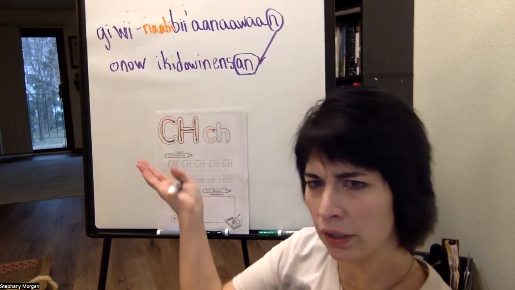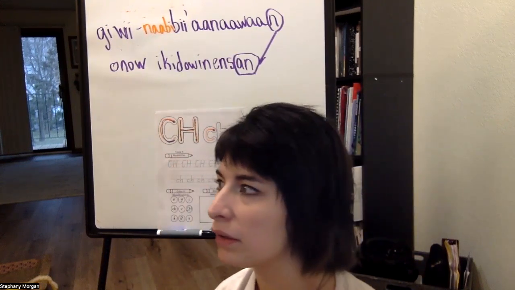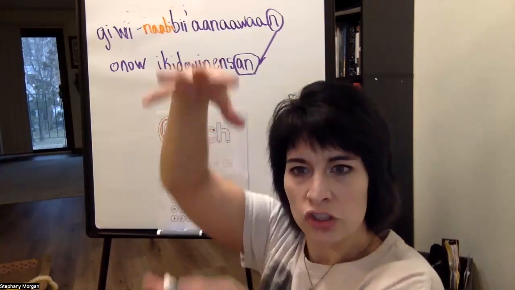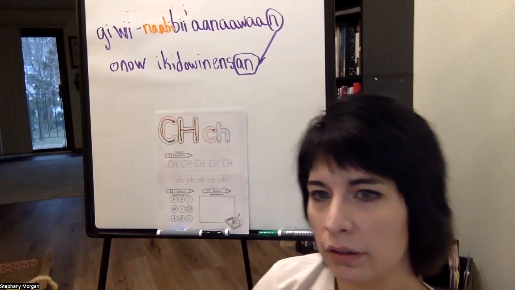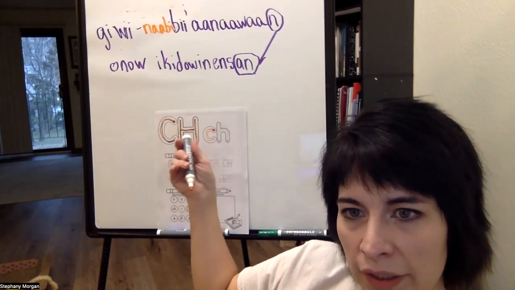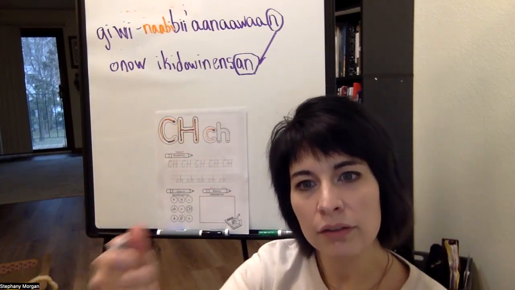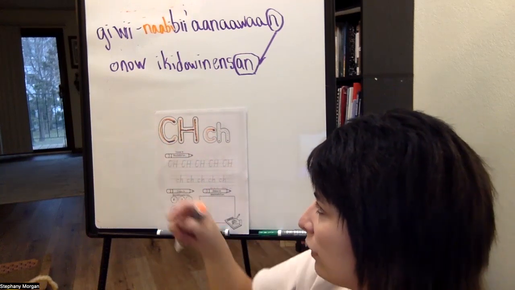Anishinaabemowin. Which ones are big? And I might do something like Anishinaabemowin ikidowinensing. And if they point to a big C or a big H, nijishin, giminochige, good job. C, Maajibii'an.